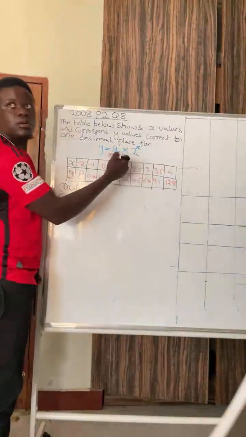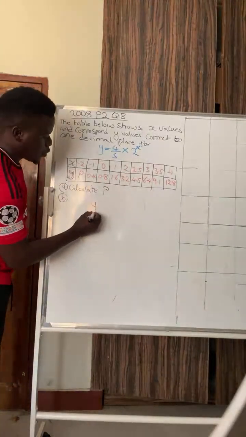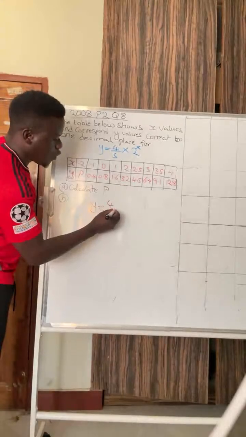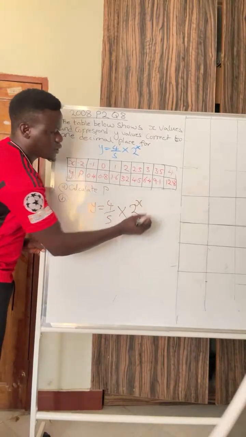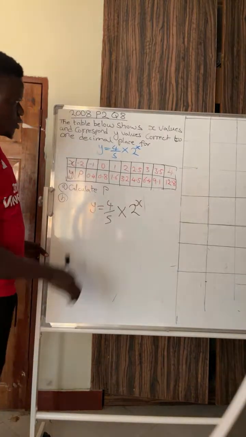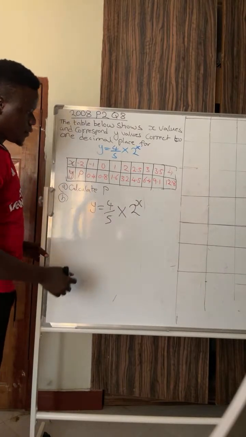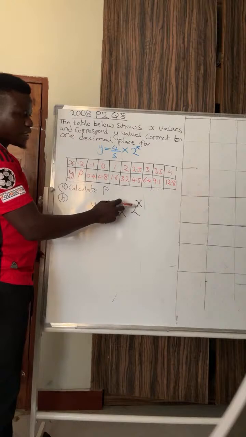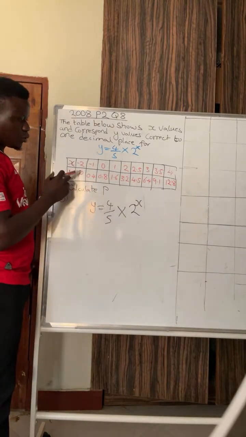You check this equation here: y is equal to 4 over 5 times 2 to the power x. Where there's x, we replace it with the x values.